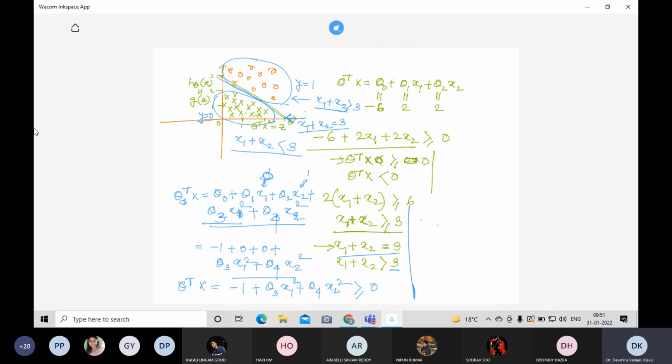Let us consider the model parameter values for theta 3 and theta 4 as 1. So we can write x1 square plus x2 square greater than or equal to 1.